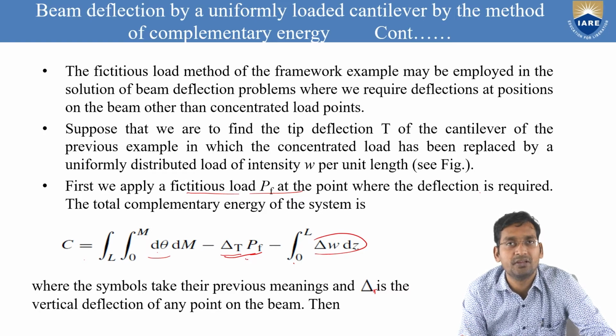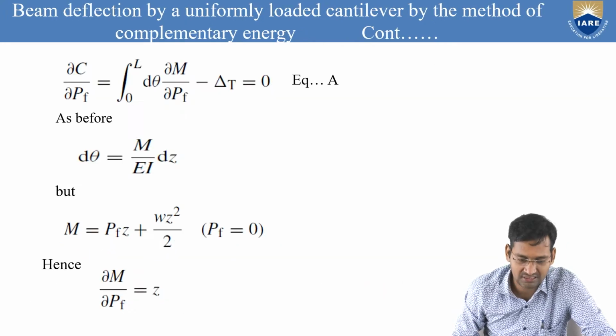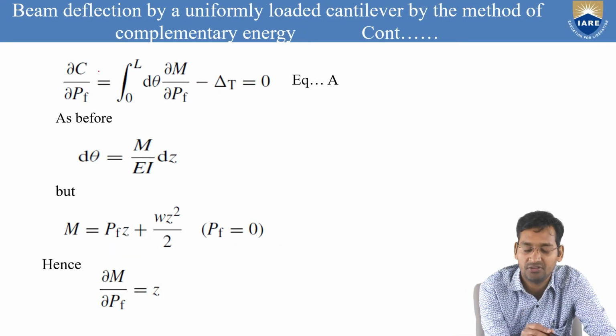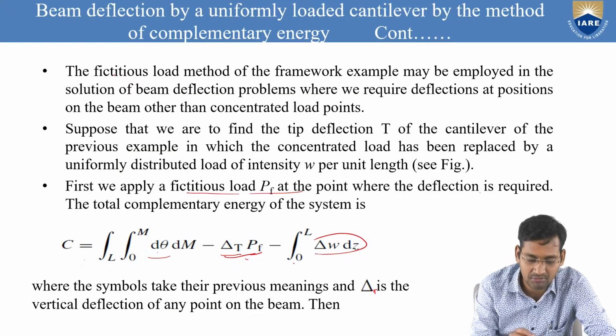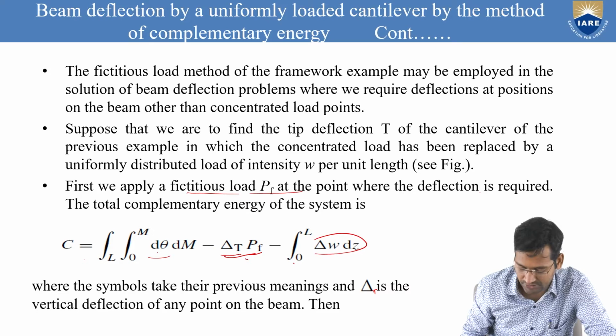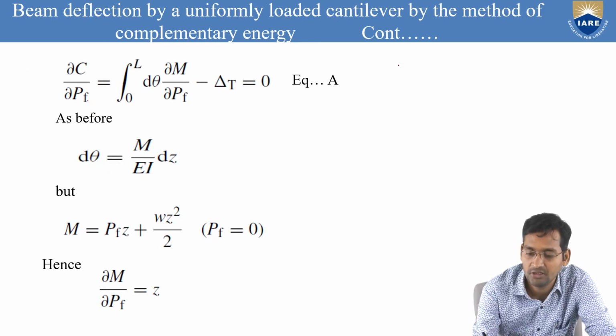Then next step, after this, we have to find what? ∂C by ∂PF. So next step, same as before. Let me write here first. So what do we have?